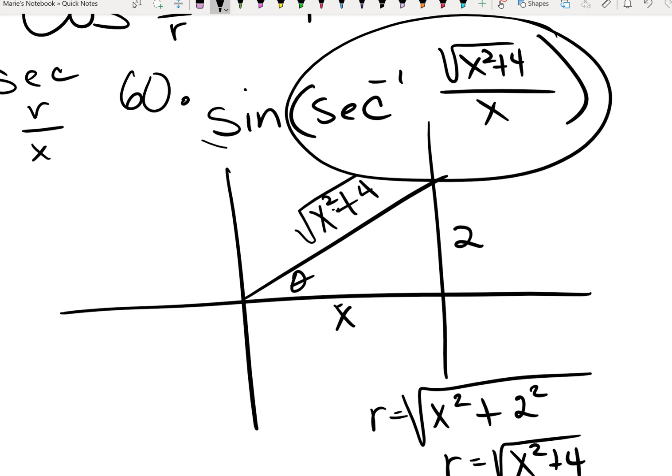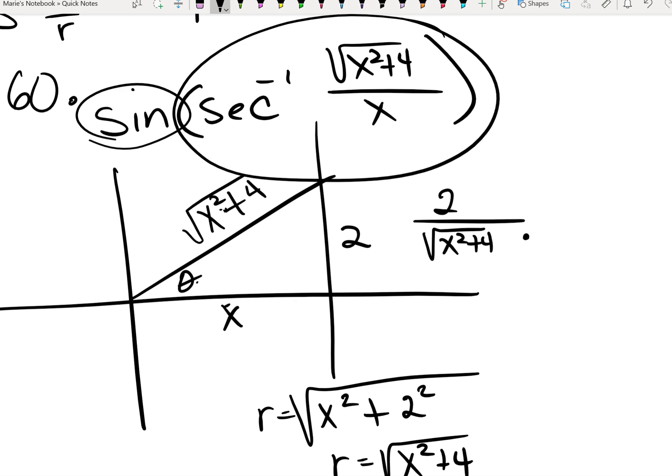So the sine function of this theta is 2 over square root of x squared plus 4. And what I want to do now is rationalize this by multiplying by the square root of x squared plus 4 over the square root of x squared plus 4. Final answer: 2 square root of x squared plus 4 over x squared plus 4.